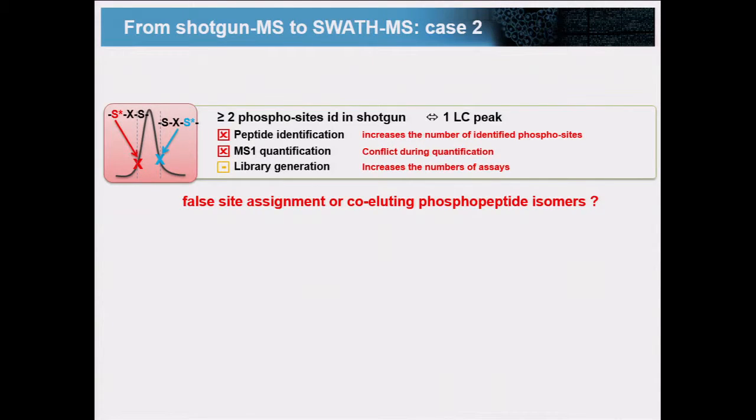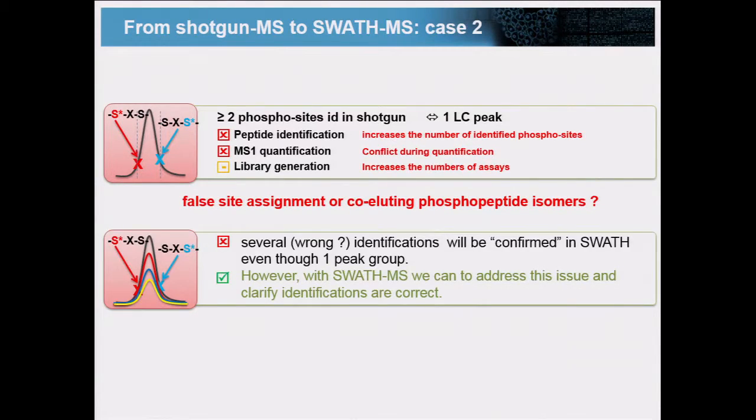So here we cannot know, is this a full site assignment or are these two co-eluting phosphopeptide isomers? We're not exactly sure. If we go to SWATH, if we are not careful, we're going to have several wrong identifications that will be confirmed in SWATH. We will simply try to extract this peak twice, once with an assay originating from this peptide, once with an assay originating with this peptide.